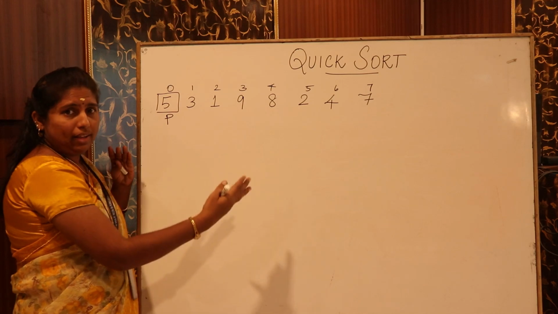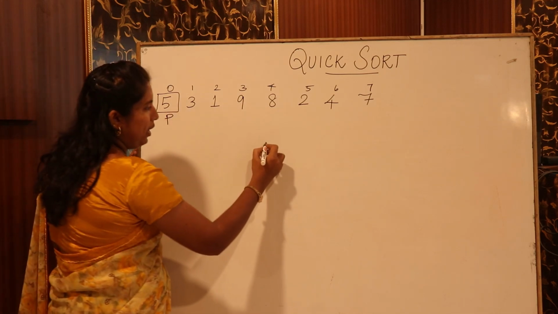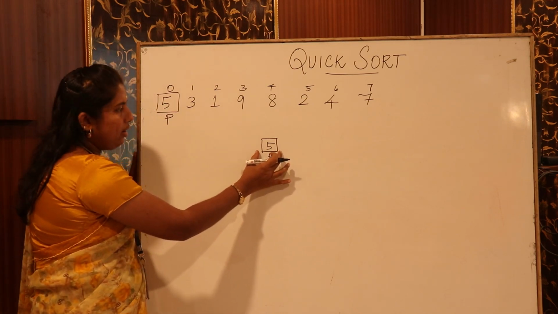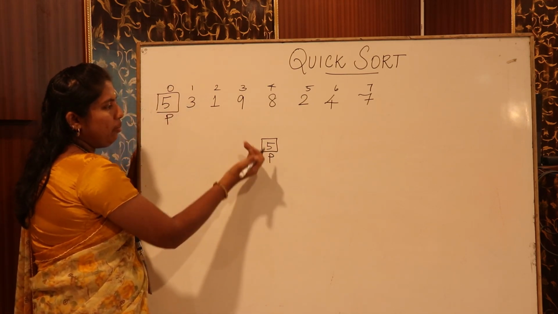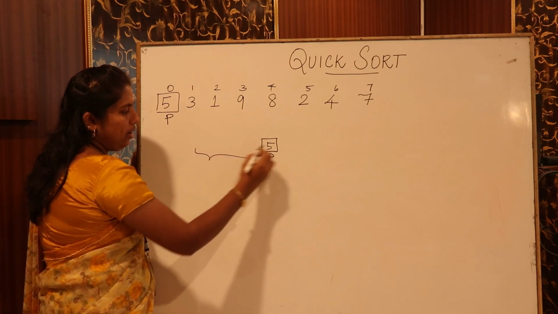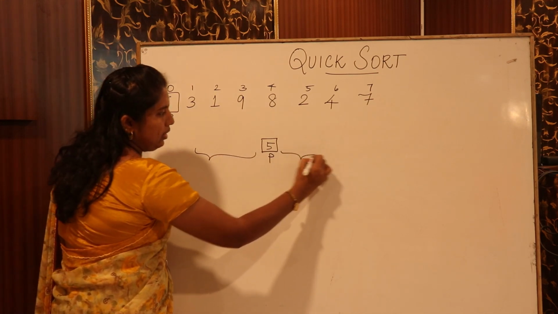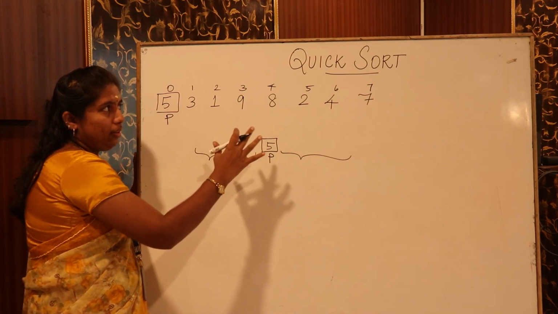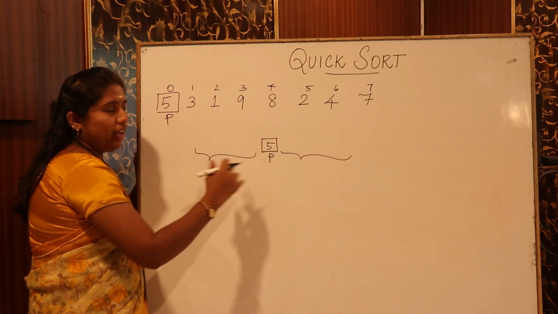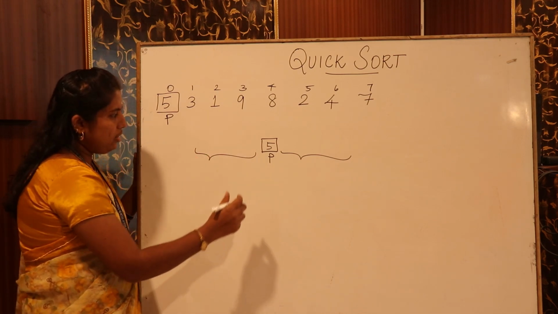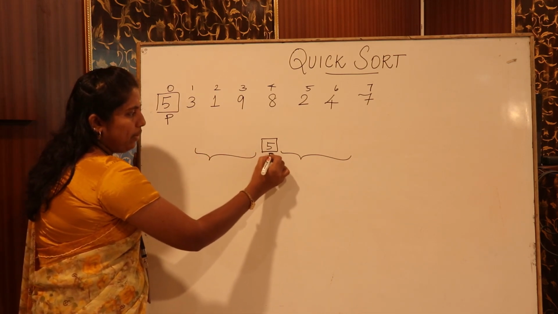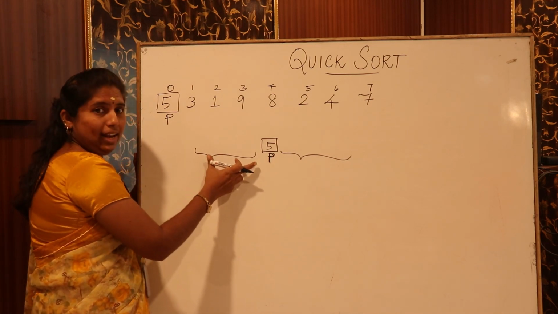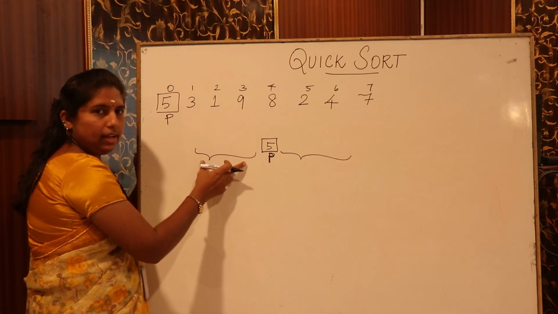As a simple example, the 5 will be in the middle, with the elements lesser than 5 on the left and the elements greater than 5 on the right. This follows the divide and conquer strategy, which means the pivot element is placed in its correct position.